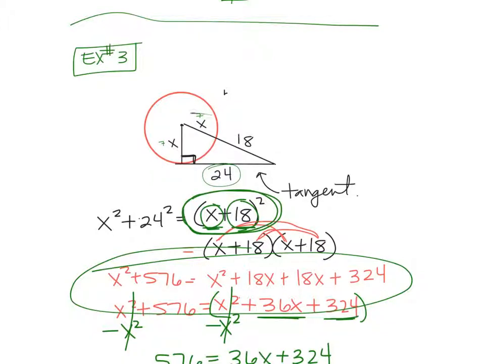You can't do 18 because it's x plus 18. That's why the FOIL happens, right? That's why the long part happens. So yeah, if you're going to do Pythagorean Theorem, you have to FOIL or use the shortcut to FOIL. Okay? Any other questions?